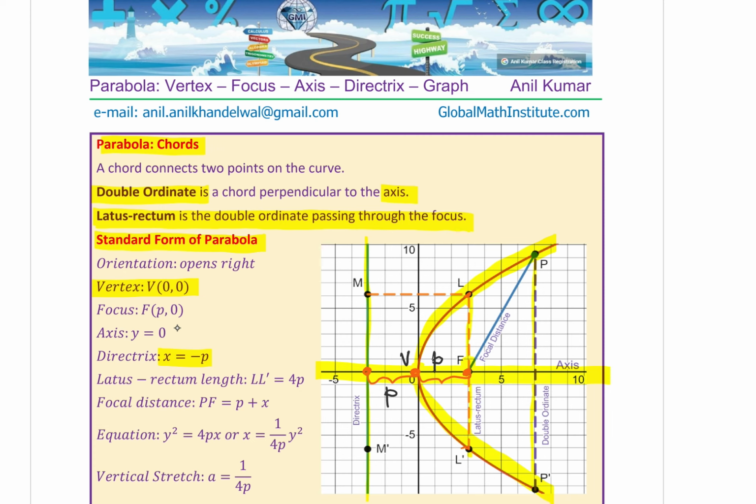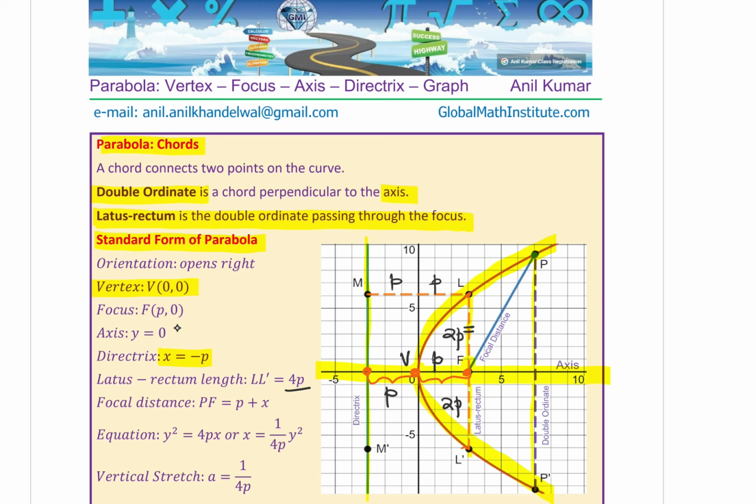So this is 2p, as you can see here. p and p becomes 2p, and therefore the distance from L to F should also be 2p. Added to another 2p from the symmetry of the parabola, the length L to L dash is 4 times p. You get the idea. So Latus-rectum length is always 4p, where p is the distance from vertex to the focal point, the focus. Perfect.